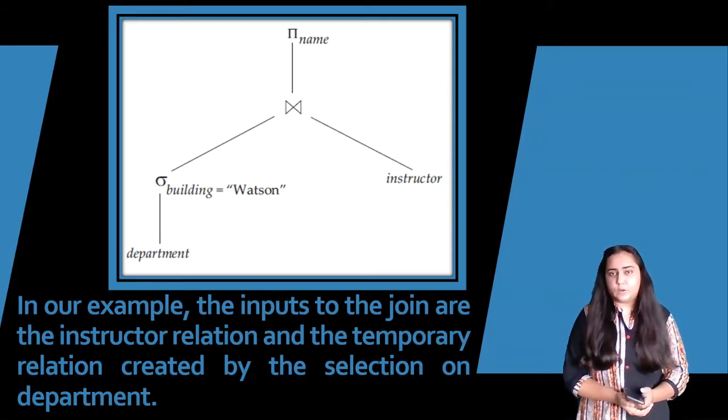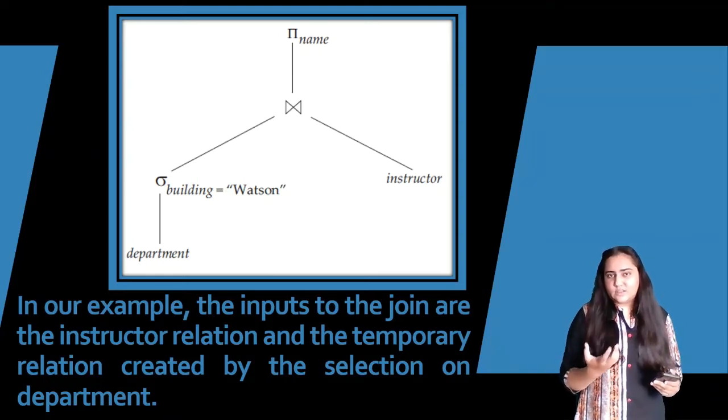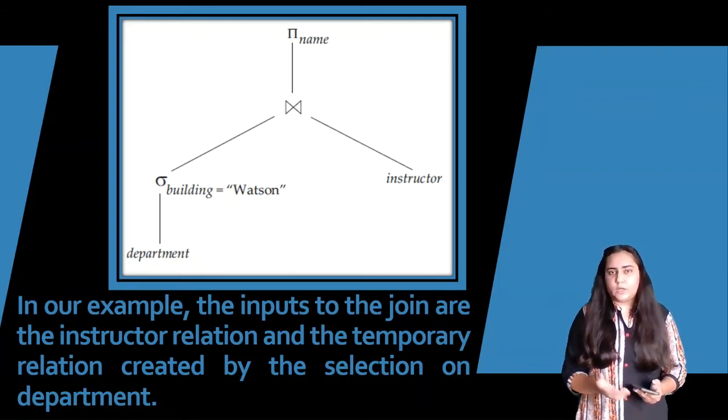As you can see here, department is an original table on which the sigma building equal to Watson operation was performed. And after performing that operation, you are creating a temporary relation which contains only those rows of department where building is Watson. So it's a temporary relation which is then passed to the join operation.